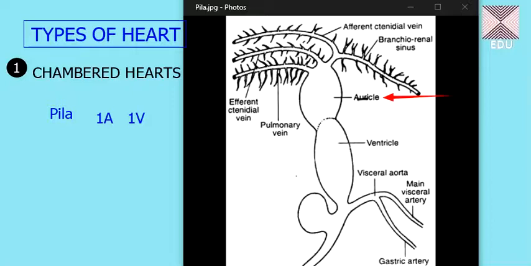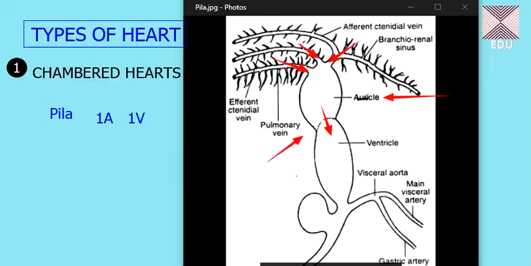The dorsal part of the auricle receives the blood from three main veins. So as you can very well see, these are the three main veins through which the auricle is receiving the blood. And ventrally, the auricle communicates with the ventricle from here, through the auriculoventricular aperture.